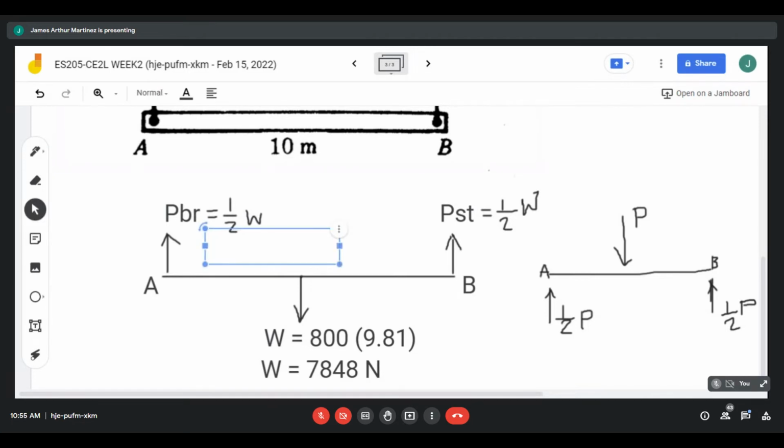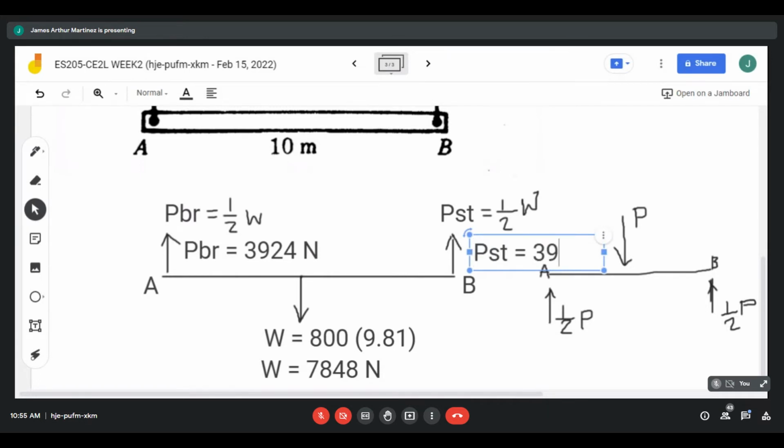So 7,848 divided by 2 is 3,924 Newton. And also, si reaction at steel is equal to 3,924 Newton.